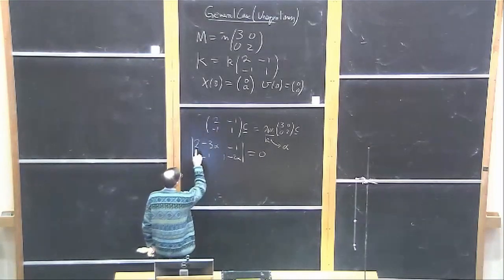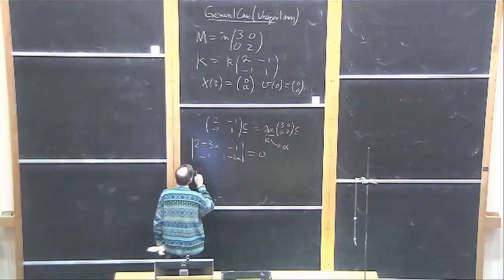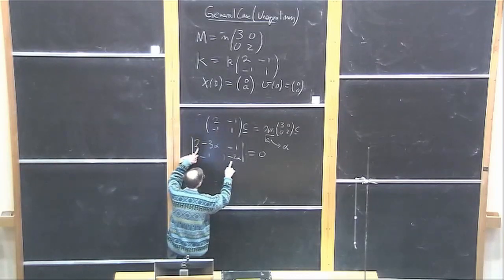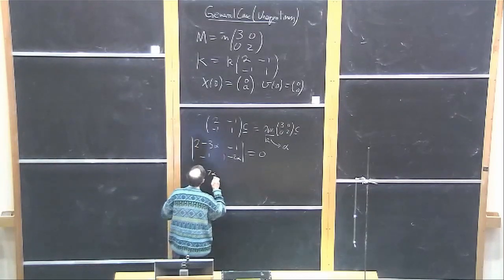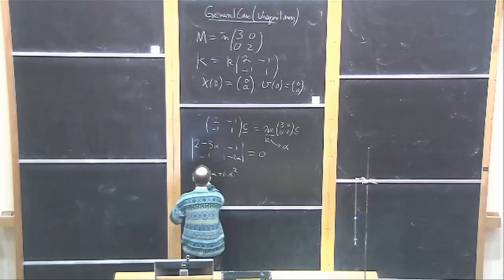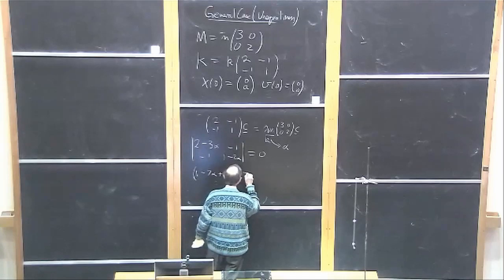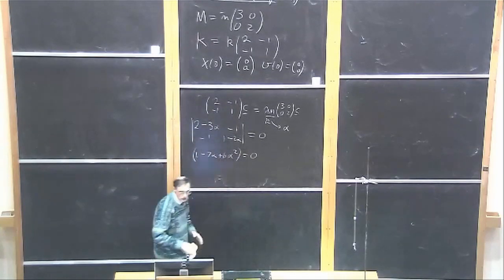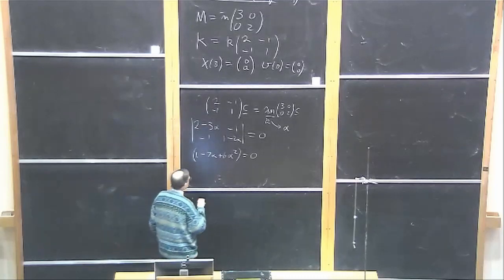And that gives 2 minus 1 is 1, minus 3 alpha minus 7 alpha plus 6 alpha squared is 0. And obviously I've chosen the numbers so that this came to be easy to factorise.